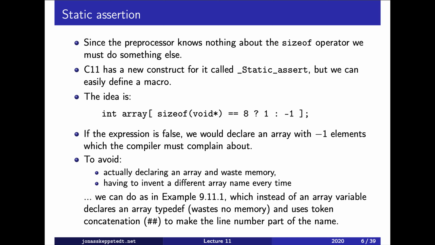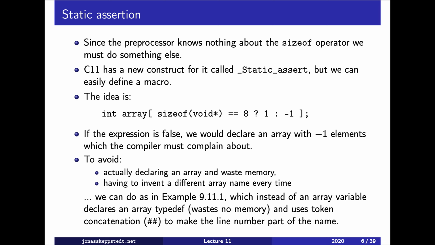And what we can do instead is to introduce a typedef, so that the only thing that happens is that we create a new type if it works and complain if it doesn't. Okay, now we have the problem of having to invent a new type name every time we want to do something like this. And that's a very problematic issue, to invent new names.